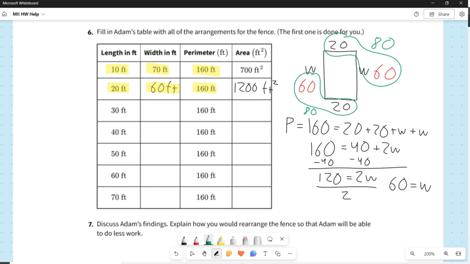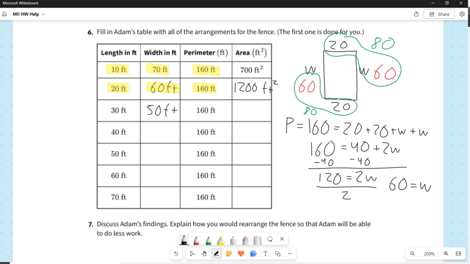So it turns out that this width column is going to be relatively easy to fill in, because the length and the width have to simply add to 80 every single time, and that gets you the 160. So we don't have to do all the algebra that we did for the 20 feet. If the length is 30 feet, we can just jump right to the width and say, 80 minus 30 is just 50 feet.